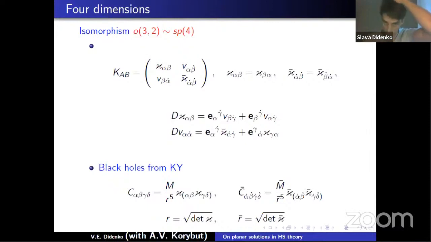So it may contain a NUT parameter if M is complex, and you see that this metric enjoys a double copy relation in the sense that it is a product of 2 Maxwell tensors that originate from these kappa and R variables. More generally, this is what is called the D Petrov type representation for the Weyl tensor.